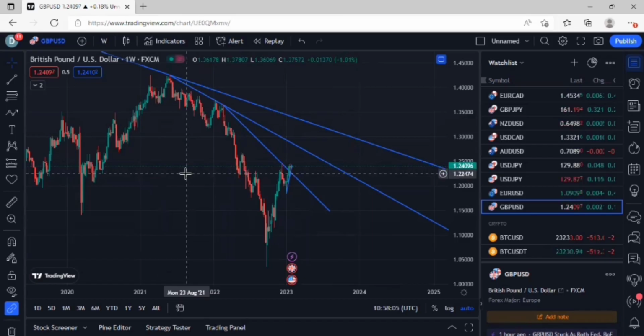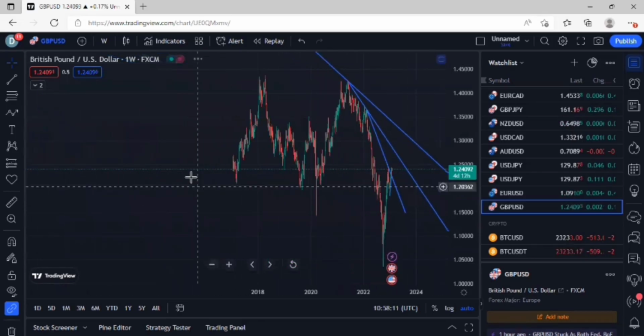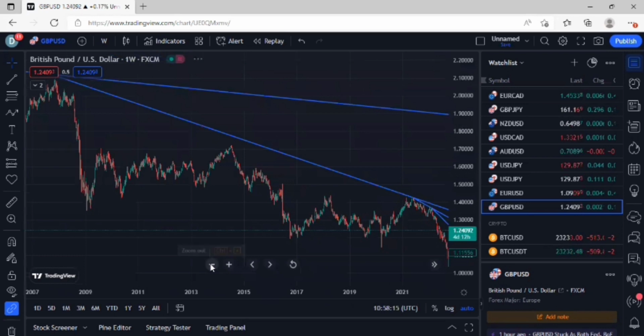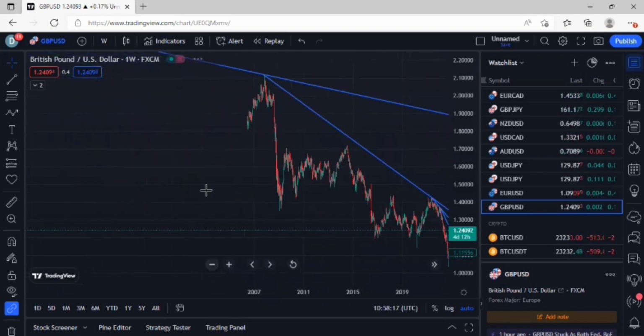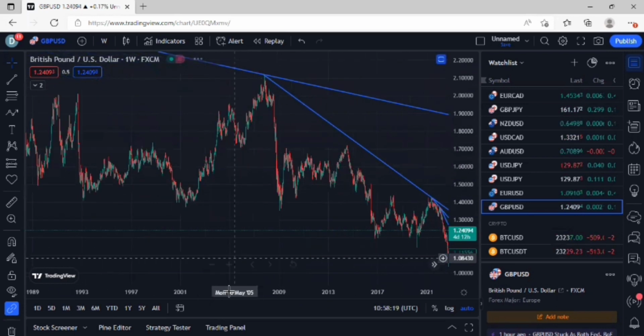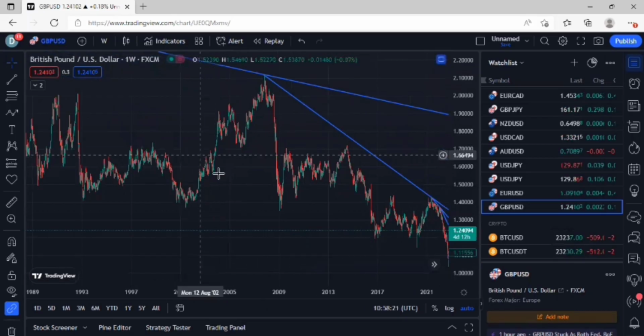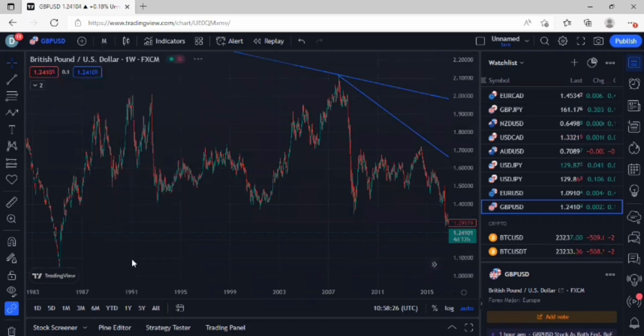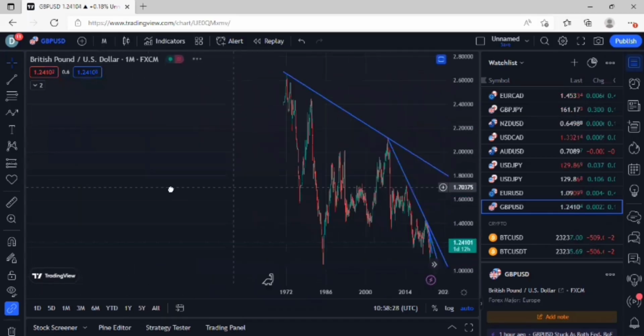So that is how to properly draw your trend line. And I'm going to summarize what I've said. If you want to draw a trend line for a downtrend, you make sure you pick at least two highs. Let me go to the monthly.